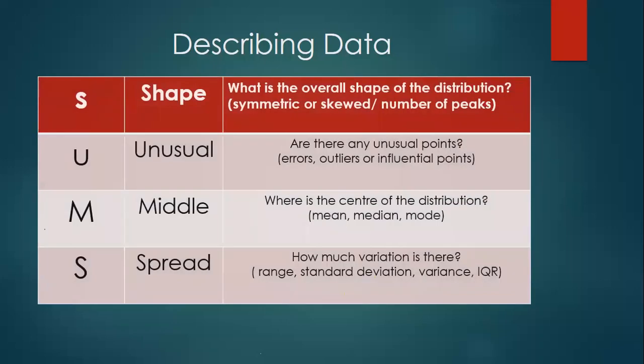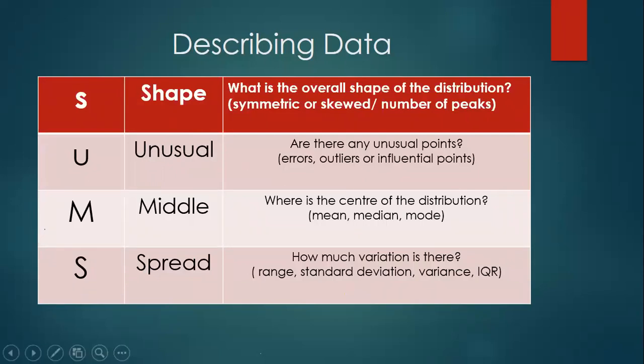So, describing data, we normally use SOCS, starting with S, which is the shape. The shape is the overall shape of the distribution. Is it symmetric or skewed, and how many peaks does it have? Then we have the unusual: are there any unusual points?